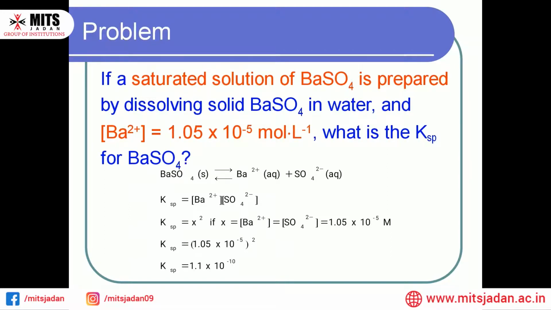The KSP value is the square of the solubility, and we know the solubility for the barium ion, which is also equal to the solubility for the sulfate ion, that is 1.05 into 10 to the power minus 5 mole per liter. So as per the definition, the value of KSP is the square of the solubility, that is equal to 1.05 into 10 to the power minus 5, squared, and we get the answer: KSP is equal to 1.1 into 10 to the power minus 10.